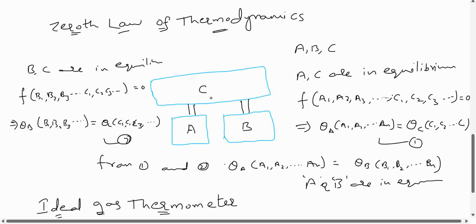C can be used as a thermometer here, so that using it we can determine whether A and B are at the same temperature or different temperature.